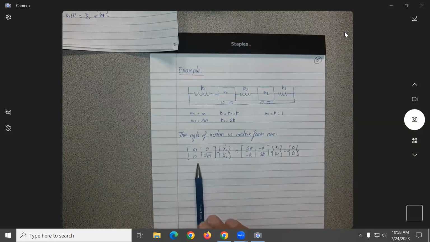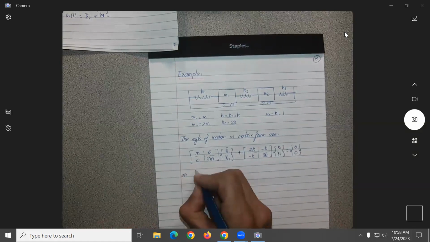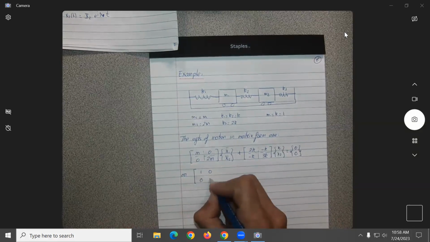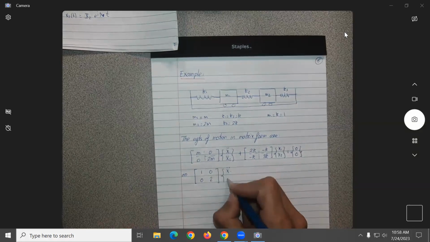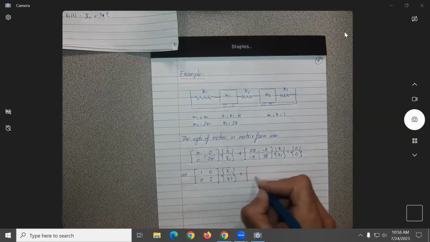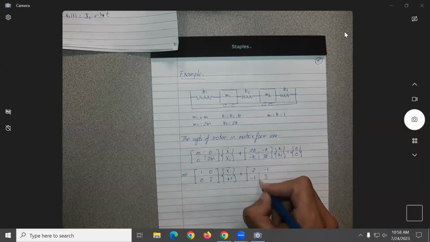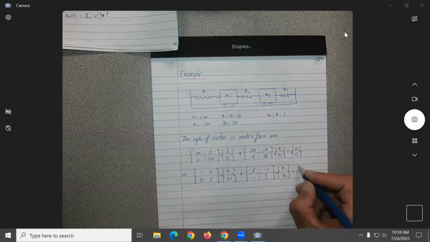Or, if we put the values, this would be equal to what? 1, 0, 0, 2, times X double dot 1, X double dot 2, plus 2, negative 1, negative 1, and 3, times X1, X2, equal to 0, 0.